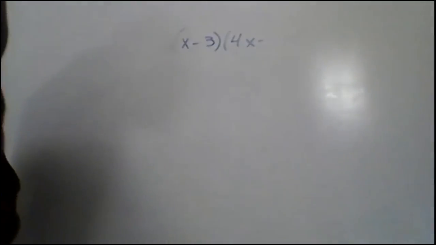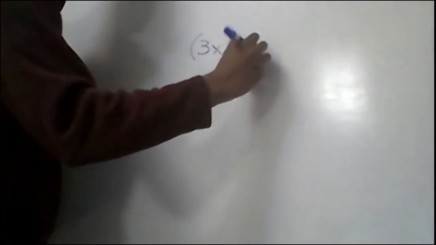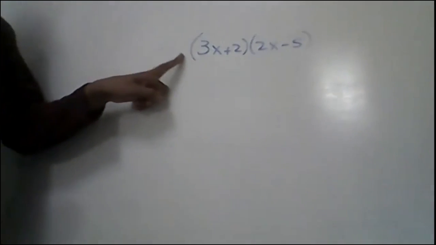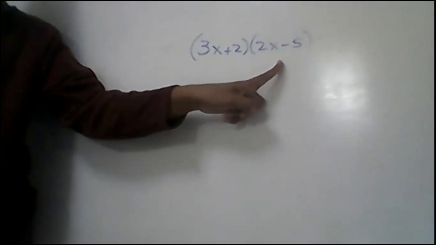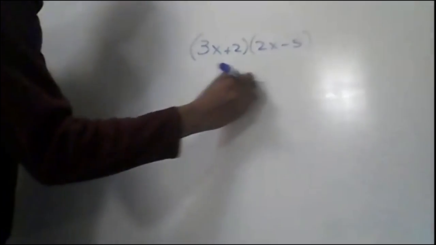All right, let me do another example of a times table, actually. So 3x plus 2 times 2x minus 5. I'll do that one. 3x plus 2, 2x minus 5. All right, I'm going to do a times table again.